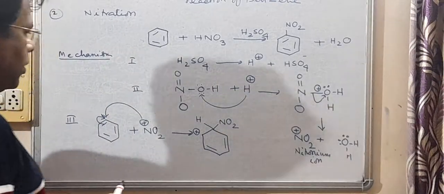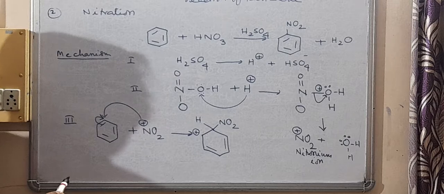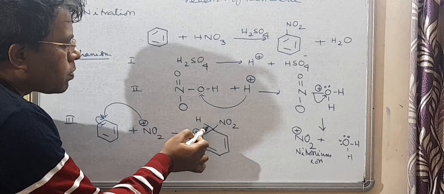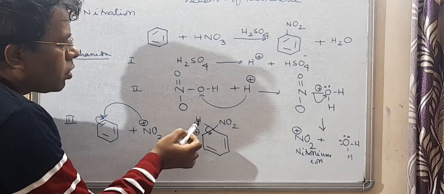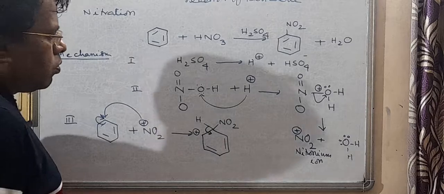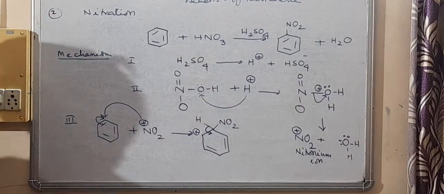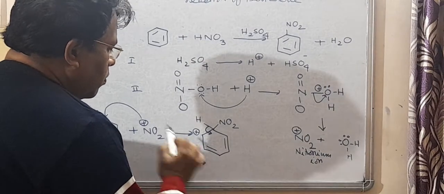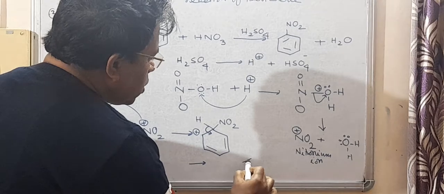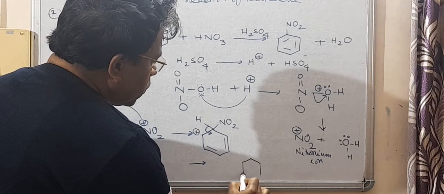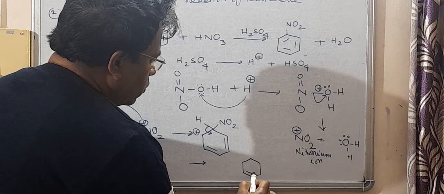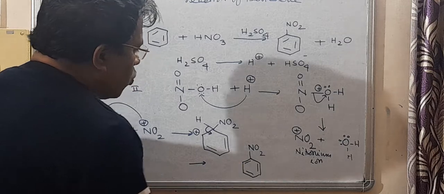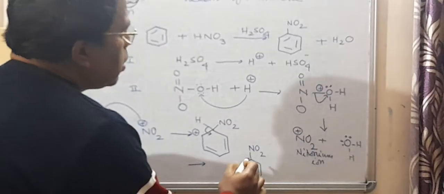In the next step, as before, this H will come, this bond will shift here. There will be loss of proton. So we will get NO2 here, the product we were supposed to get.